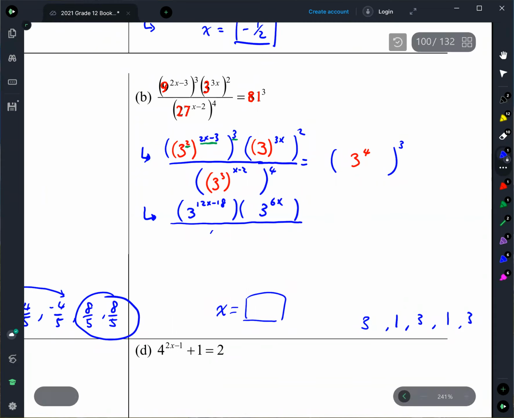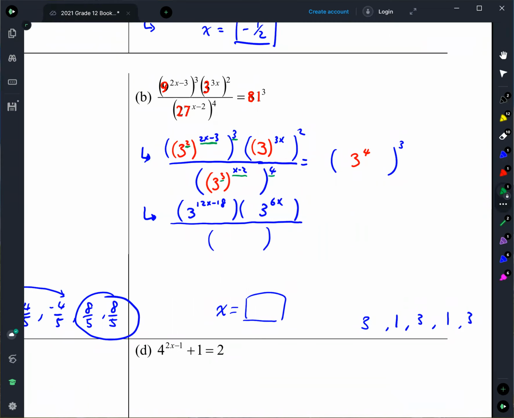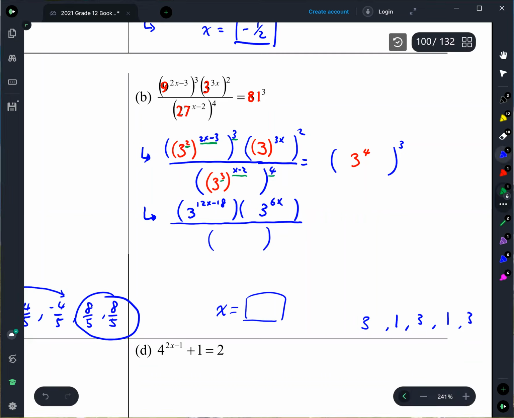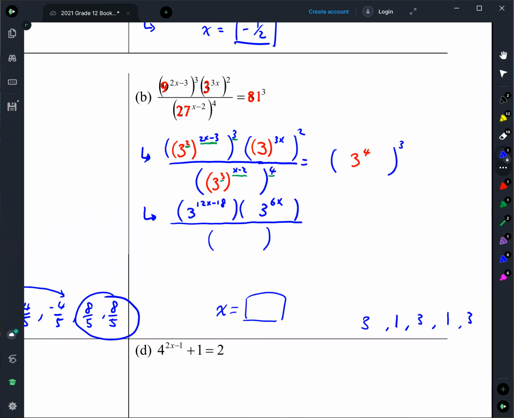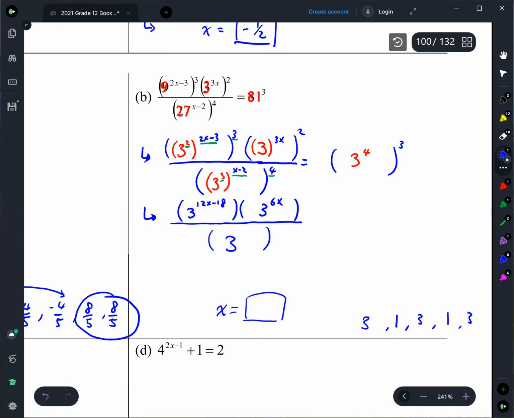Similar for the denominator, we have 3 exponents. Susan, after you multiply those 3, what do you get for the denominator? 3 to the power of 12x minus 24.